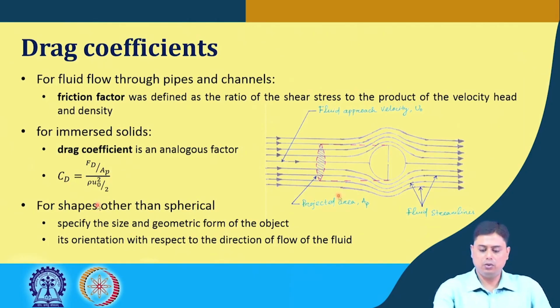So how does it look, or how does it come about? Consider there is a smooth sphere, a smooth surface sphere, over which a fluid is flowing. Now the approach velocity of the fluid is considered to be uniform, that is u0.